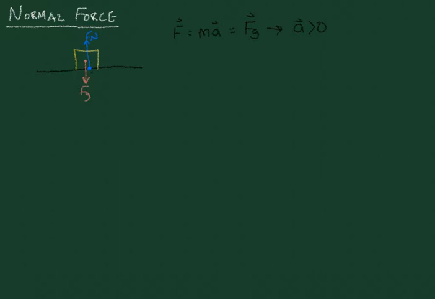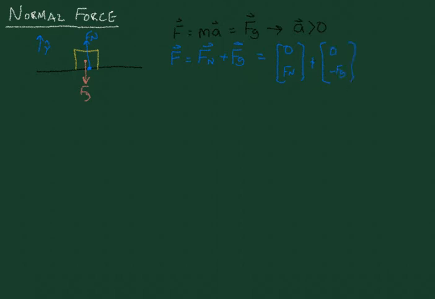So for a block just sitting on the ground, we say, well, since we know that the net force is equal to the sum of the forces, and I'm going to define the positive y direction to be up, so it's going to be the normal force in the y direction plus the gravitational force, which says we have the normal force plus minus the gravitational force.